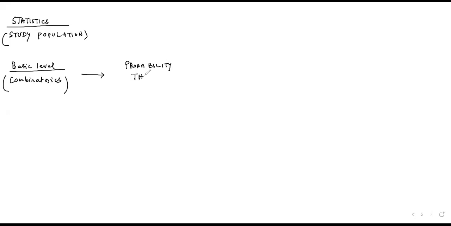Rather, our physical system is behaving probabilistically. So we learn about probability theory, and to learn about probability theory, sometimes we need the help of combinatorics. Sometimes we need not.